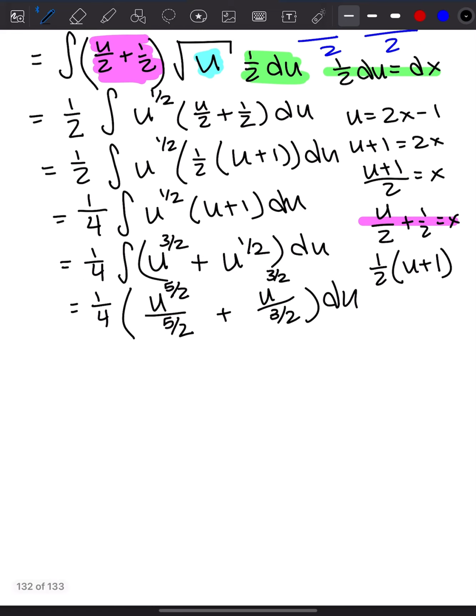If we see a pattern, we can start pulling and making things faster. So I have 1/4. If I see that dividing by a fraction is the same thing as multiplying by the reciprocal, I might start writing u^(5/2) times 2/5 instead of saying divided by 5/2. But that just takes practice, finding patterns. Instead of dividing by 3/2, we're going to multiply by 2/3.